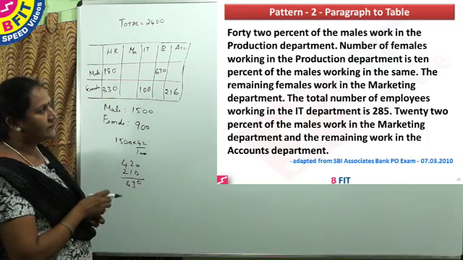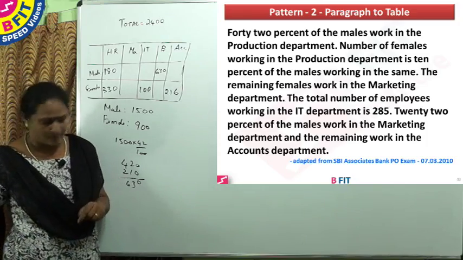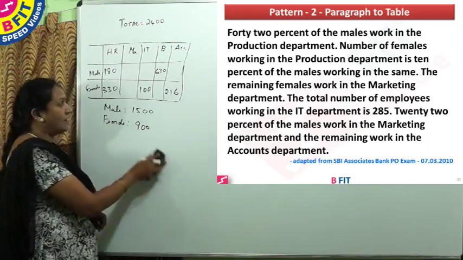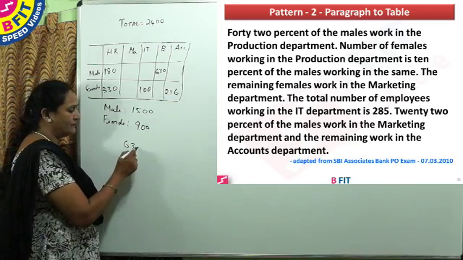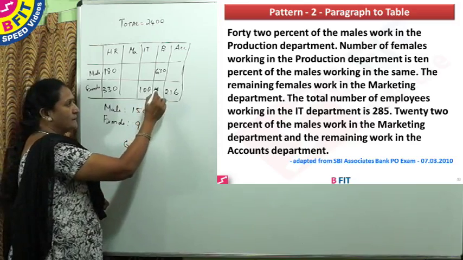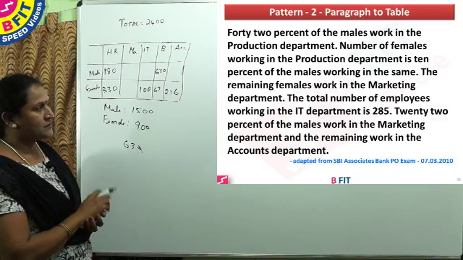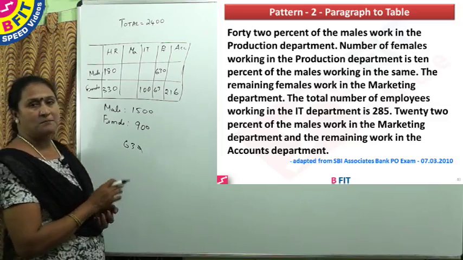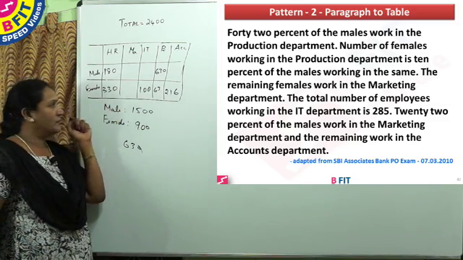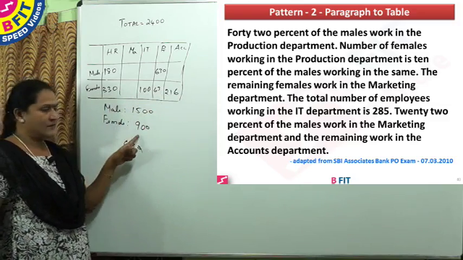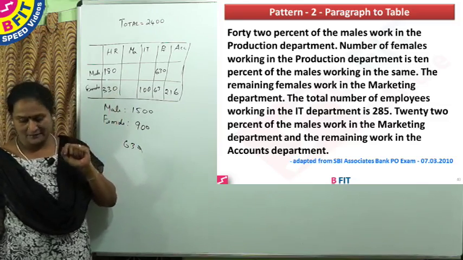And the number of female working in production department is 10% of male working in the same. In production department we have 630 male, and 10% of 630 is 63. So we have 63 female in production department. The remaining female work in the marketing department. To find the number of female in marketing department, add all these values and subtract from 900.